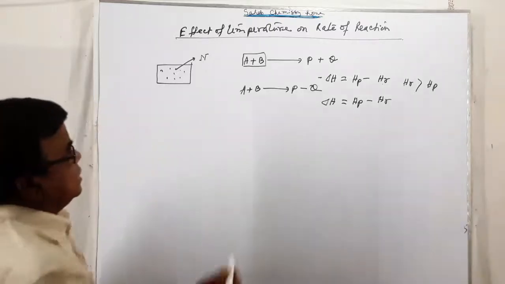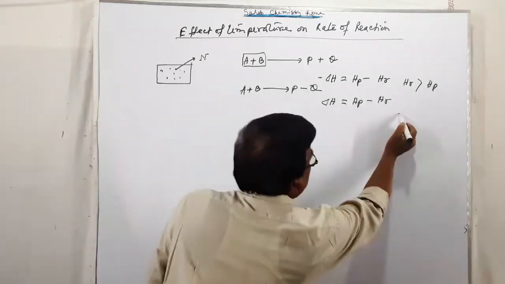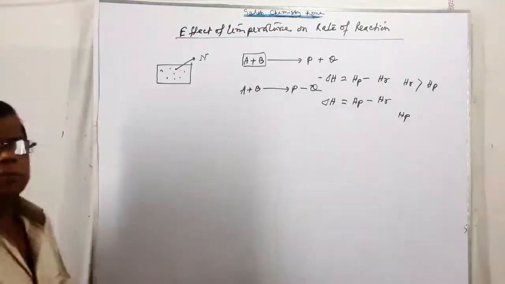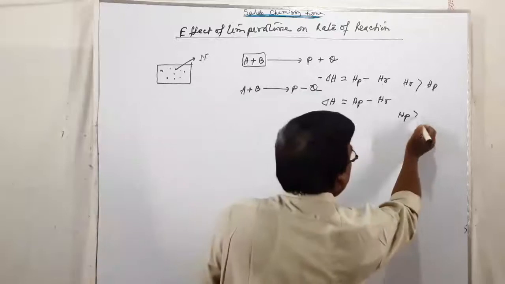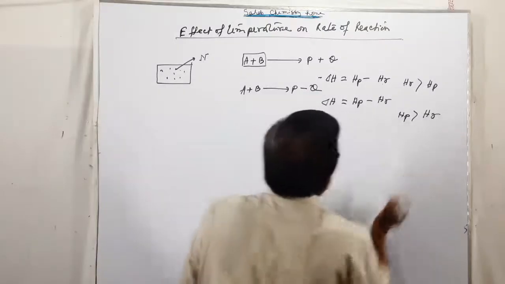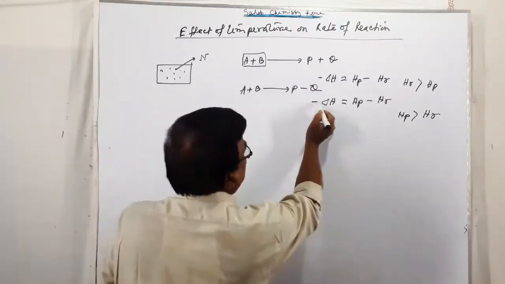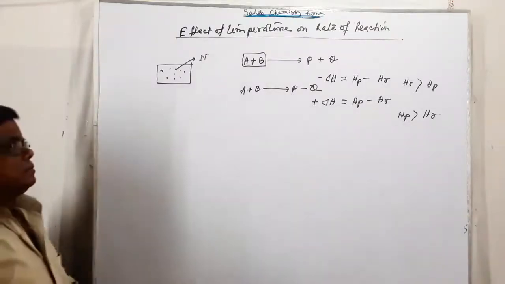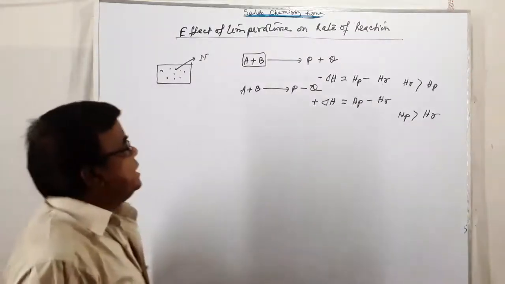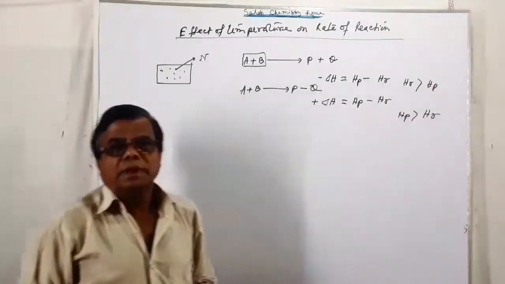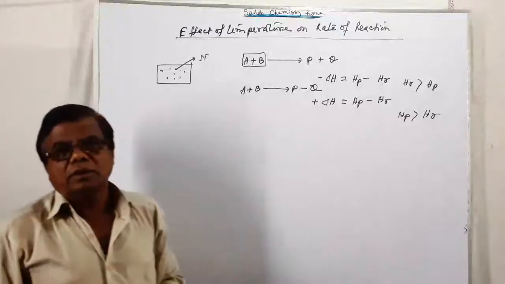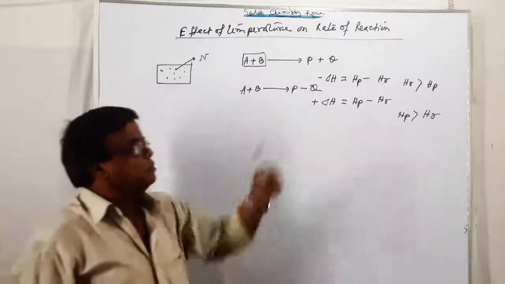Here HP, total enthalpy of the product, is greater than HR, so that it is positive. That is, change of enthalpy in the case of an endothermic reaction is positive.